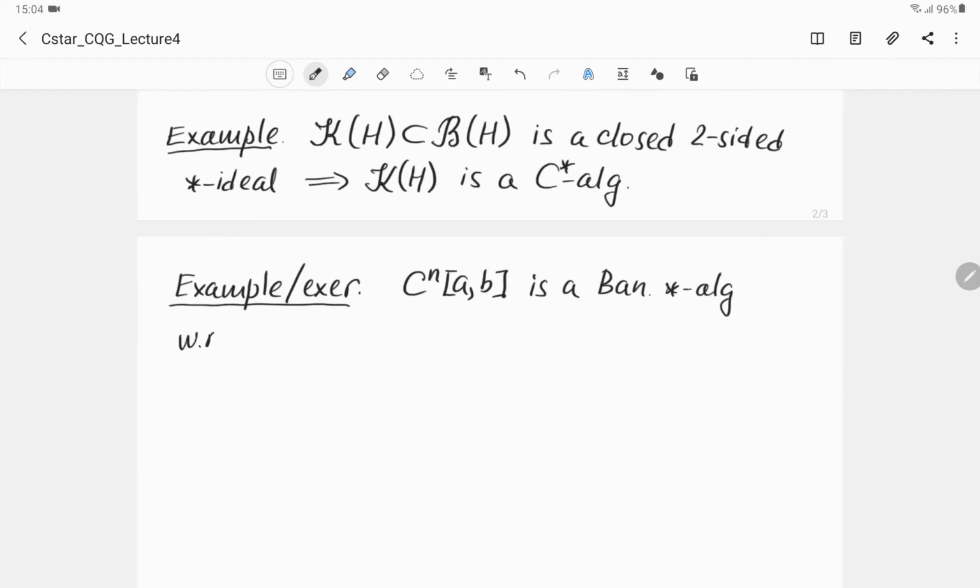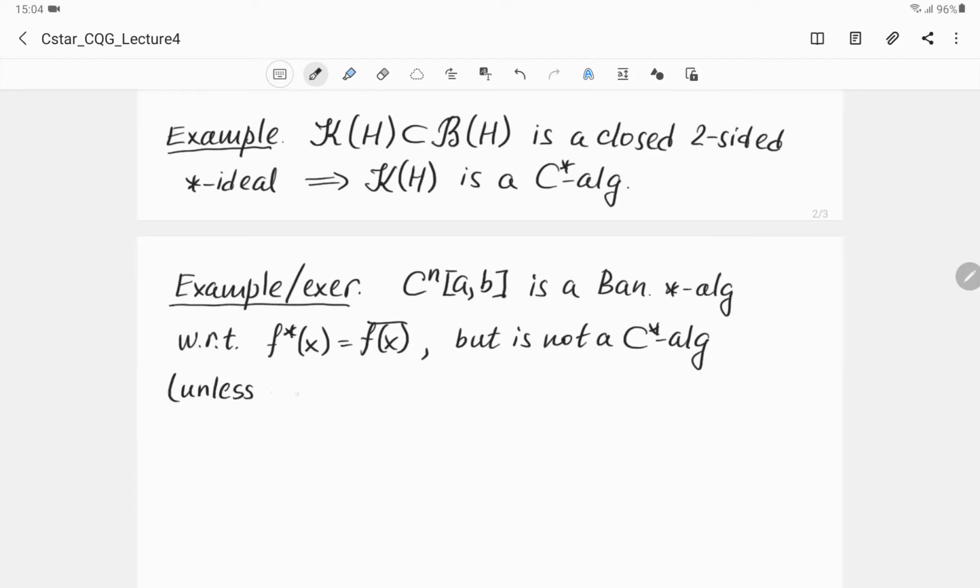The involution is the pointwise complex conjugation. But it is not a C-star algebra, of course, unless n is 0.